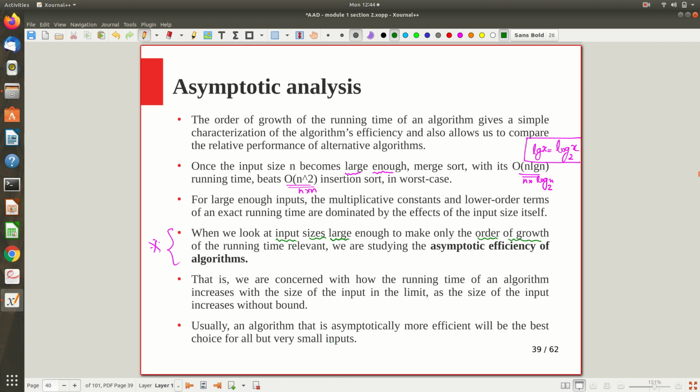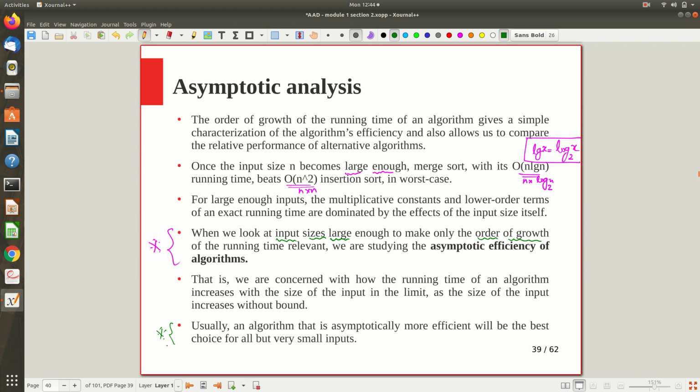Asymptotic analysis will work only when you are focusing on algorithm efficiency with respect to the size of the input it is handling. For large size input, you have to say which is better, so in that case it has relevance. Otherwise you don't have to do this asymptotic analysis.